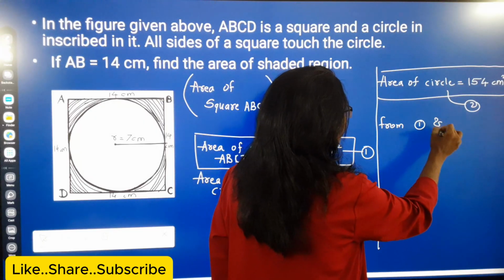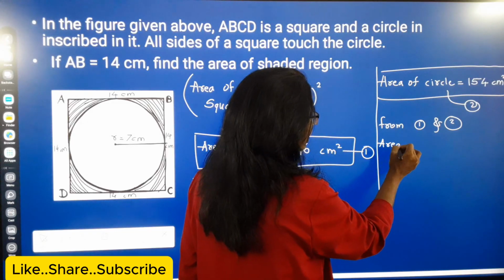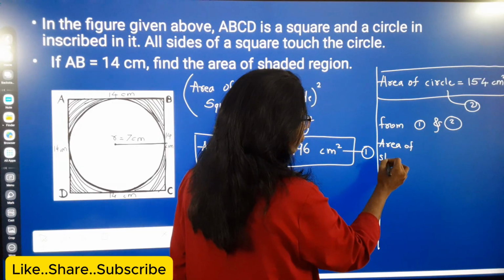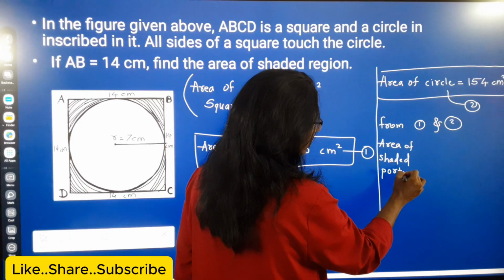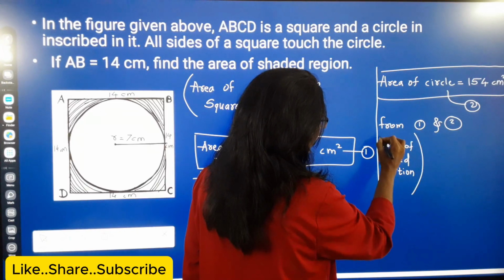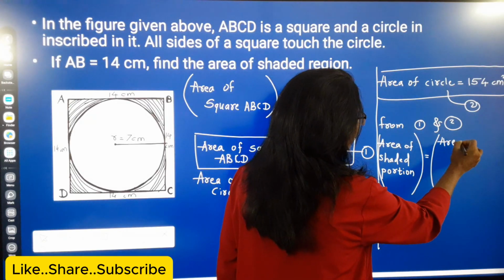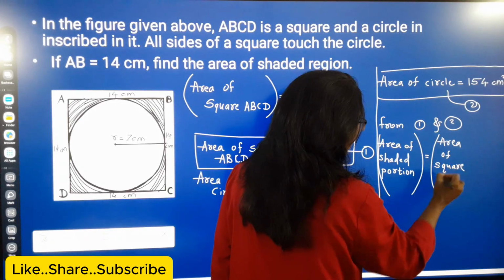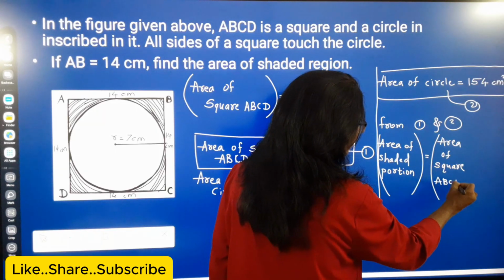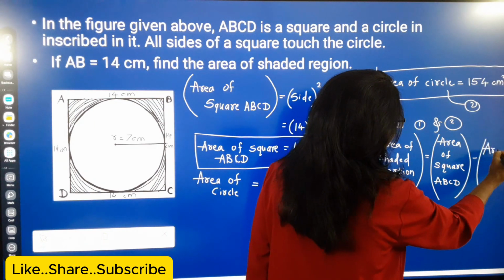Here we write the area of shaded portion is equal to area of square ABCD minus area of circle.